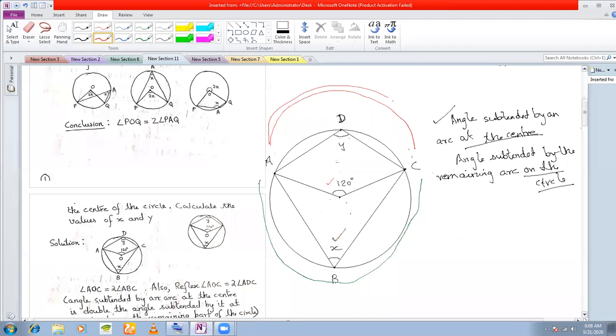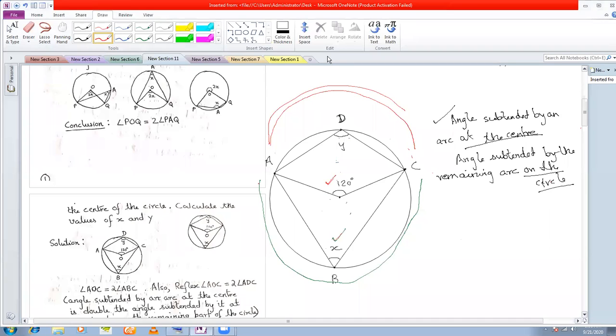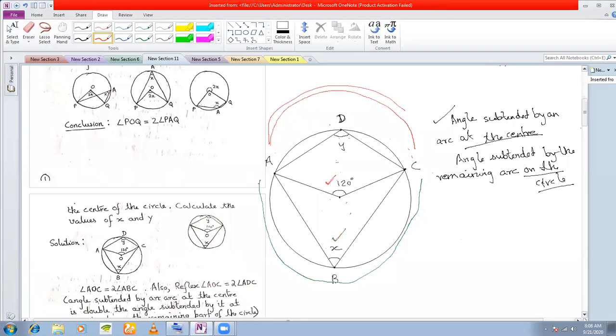On the arc AC, at the center you have the angle 120 degree. Remember, by the arc AC, and the remaining part of the arc on the circle, you have the angle x here. According to this theorem, when you multiply this angle by 2, you will get the angle subtended by an arc at the center.